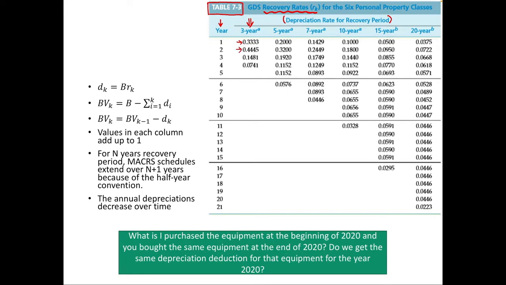That is the rate, the RK. Okay, so if you want to calculate the D for the first year, you just need to use B times this R1. So this is the R1 for the property under the 3-year recovery period. Okay.